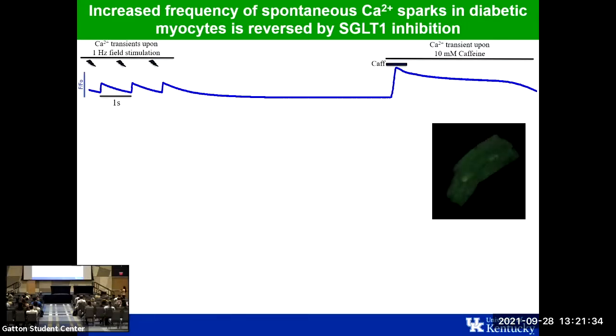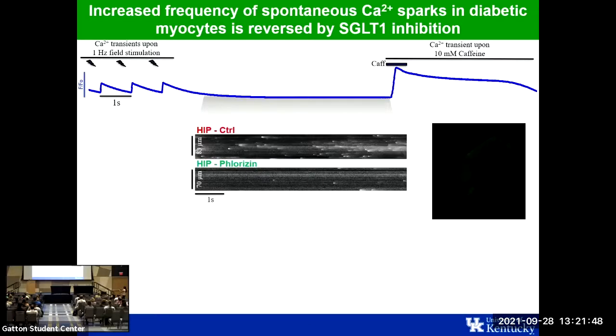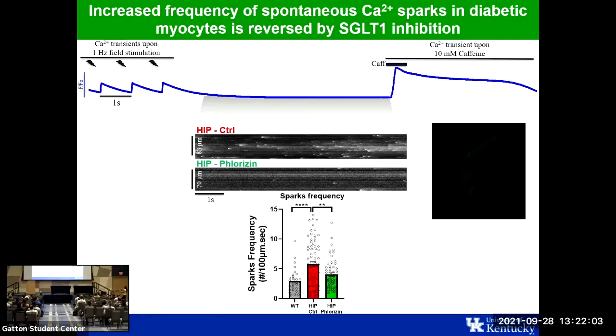Here you can see the transients, and then at the end we apply caffeine, which totally opens all the calcium channels within the sarcoplasmic reticulum and floods the cytoplasm with calcium. And in this phase, we can observe the calcium spontaneously released as sparks. All these white spots indicate the calcium sparks.